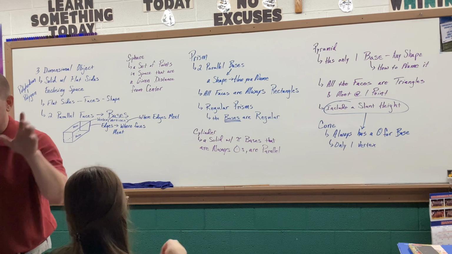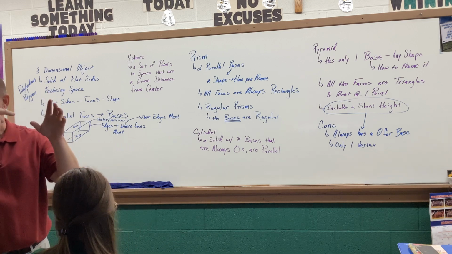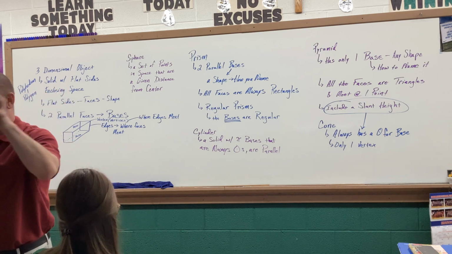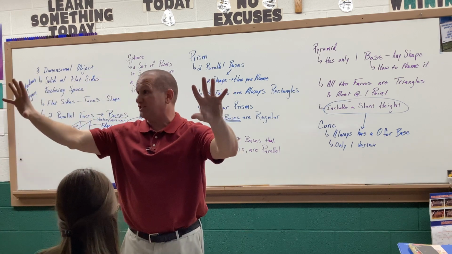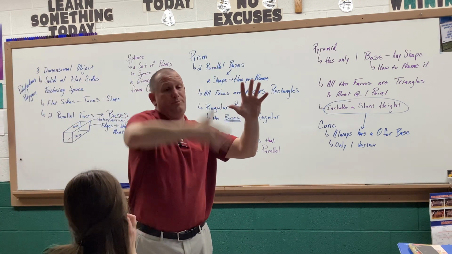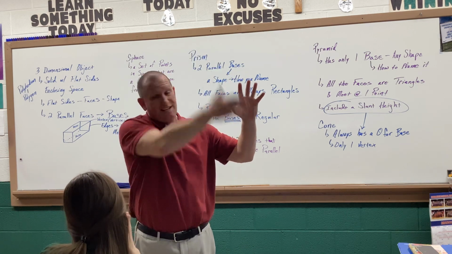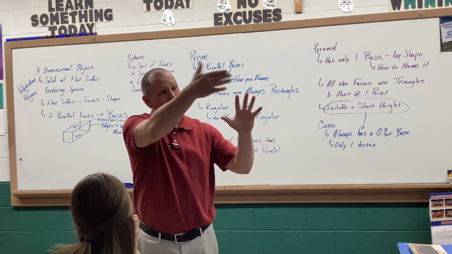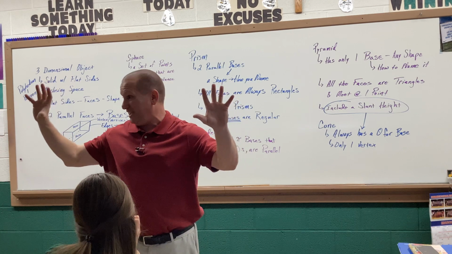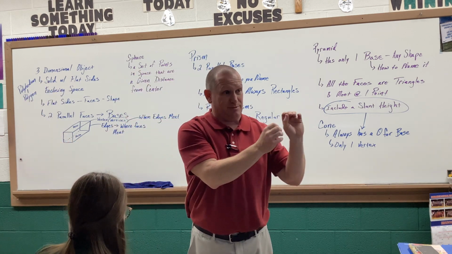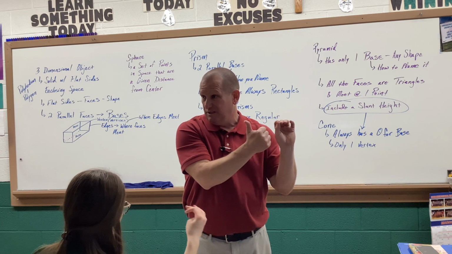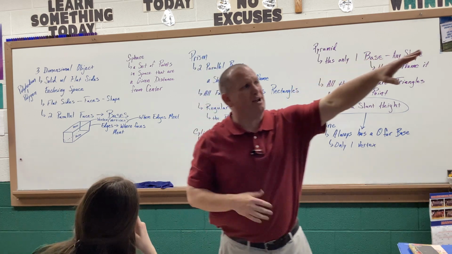It would be the biggest circle that would be a part of that sphere. Because when I open it up like this and I'm palming the ball, you're looking at circles. But if he starts slicing pieces off, every time he slices, it's always a circle. But the biggest circle that we had was at the very beginning when we cut it right in half. When it gets to my hand, it's going to be a really, really small circle. That makes sense? So that's what they mean by cross sections.